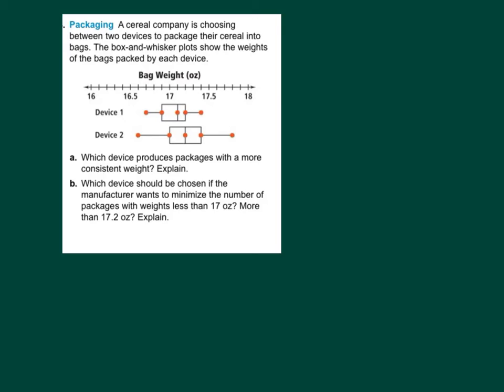So device 1, okay, has a range of about 17.4 as the high and 16.7, okay, which gives us a difference of 0.7.